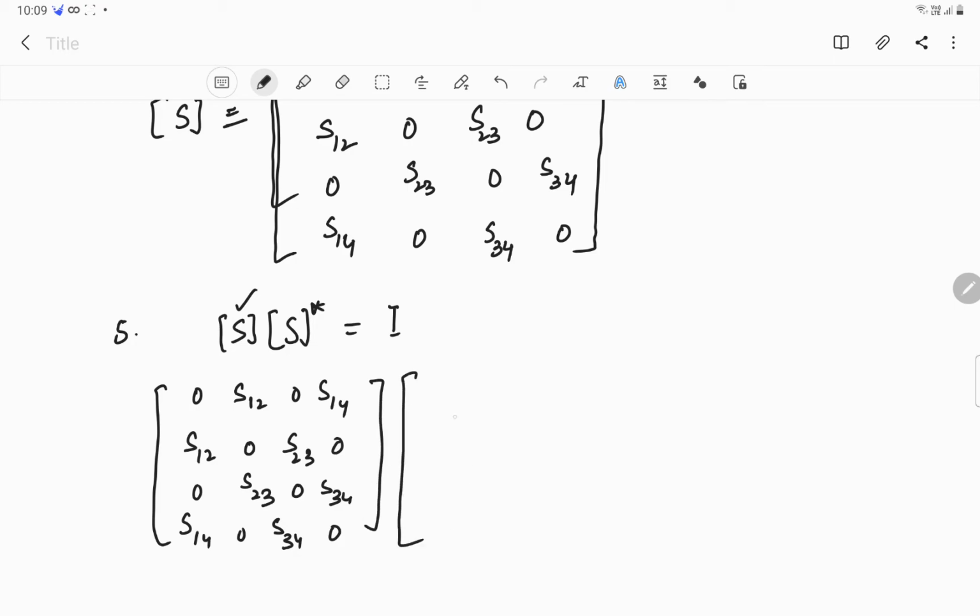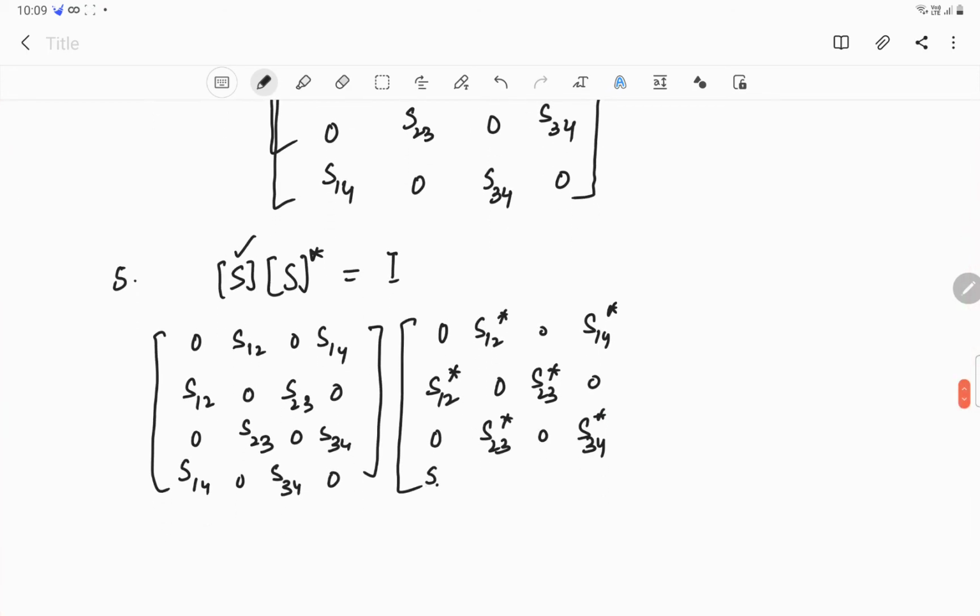Its conjugate would simply be 0 S12 conjugate, 0 S14 conjugate; S12 conjugate, 0 S23 conjugate, 0; 0 S23 conjugate, 0 S34 conjugate; S14 conjugate, 0 S34 conjugate, 0.